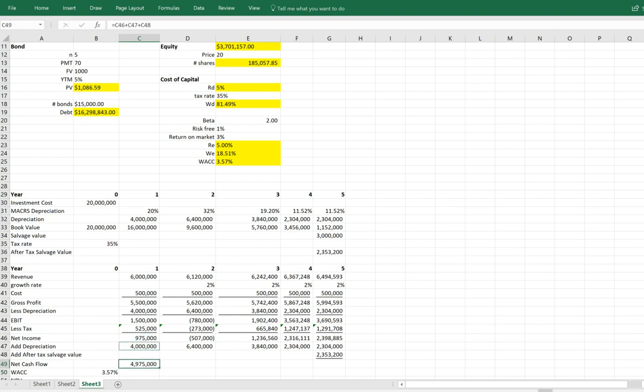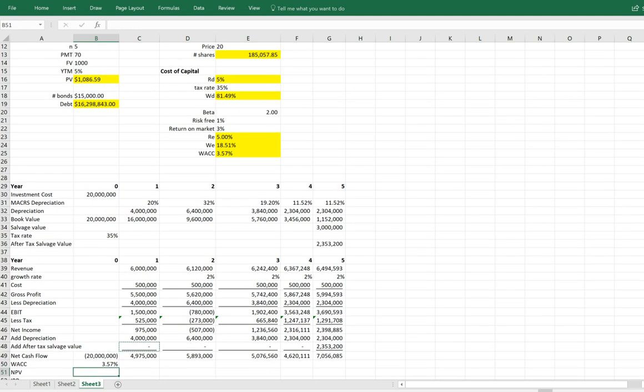The salvage value is 0 in the other years. In year 0 we are spending 20 million, the total investment cost, so we put it as a negative number.